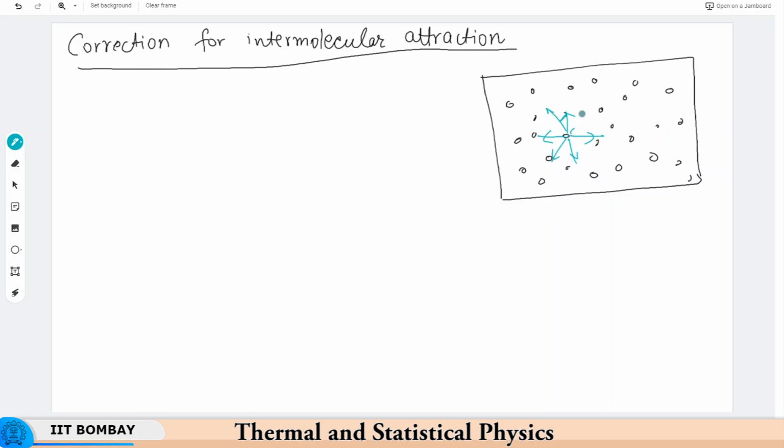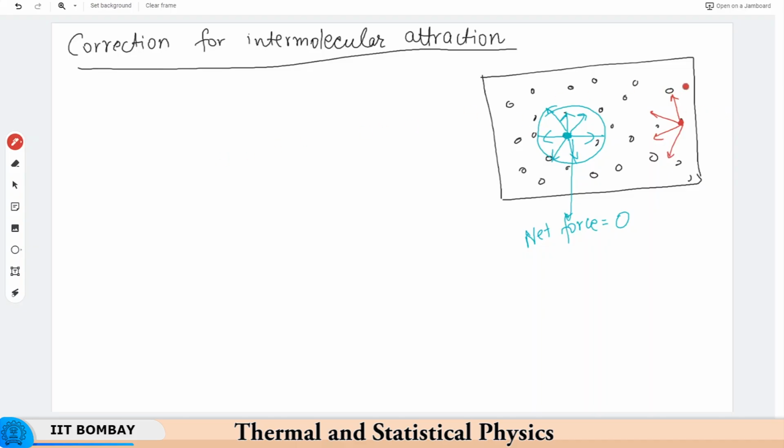So the net force on this molecule is 0, because it is being pulled from all directions equally. But if we look at a typical molecule sitting close to the edge, for example this one, this will feel more force towards the inside of the container because there are no molecules on the other side.